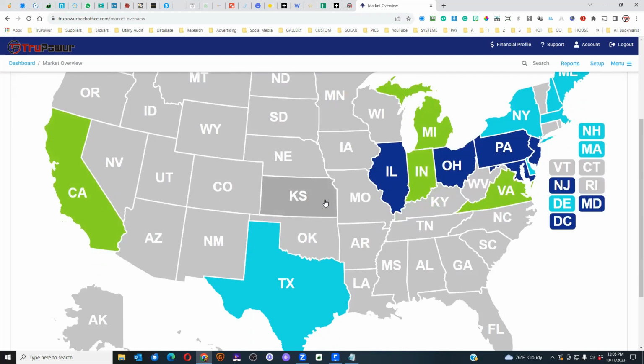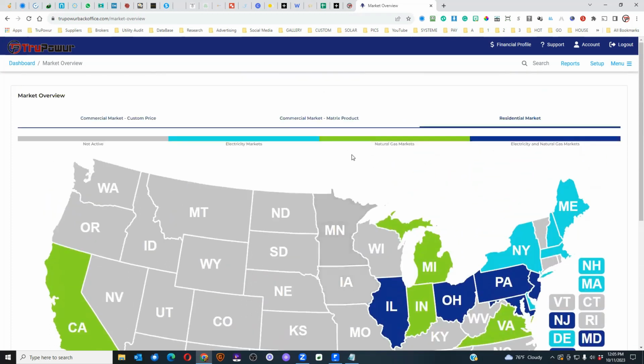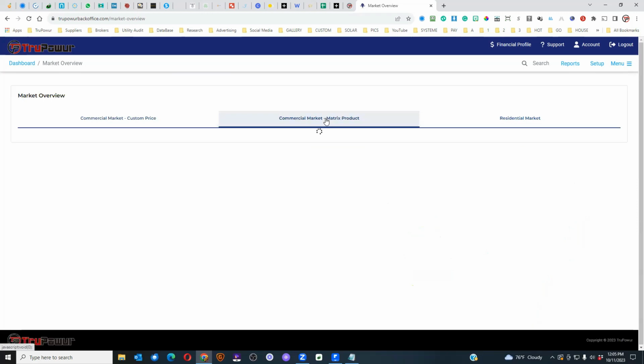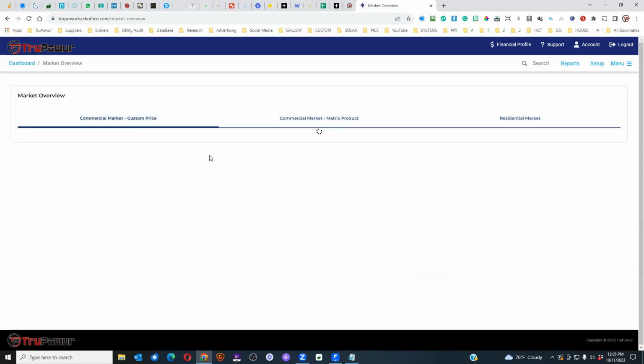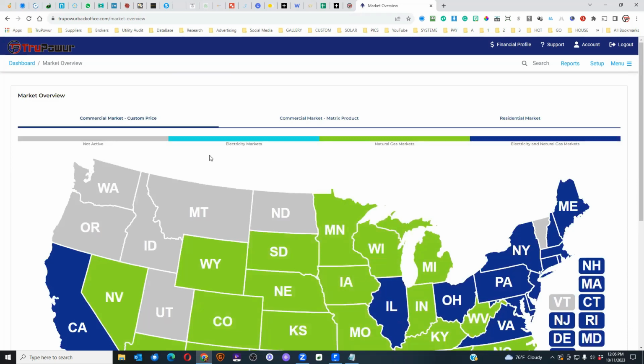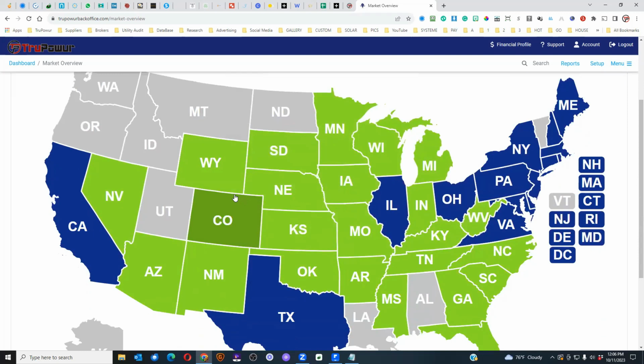When you're looking at pricing and you don't see it, check the map. Make sure: is it available for matrix pricing or is it available for custom pricing? All states qualify for the utility audit, but we want to focus on areas where we're going to be able to provide the customer the greatest amount of value.